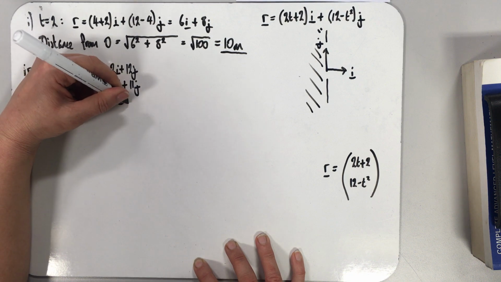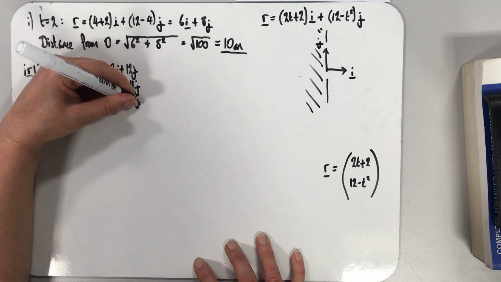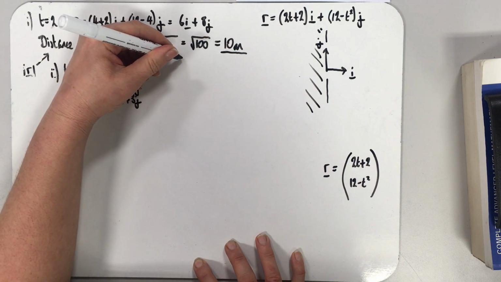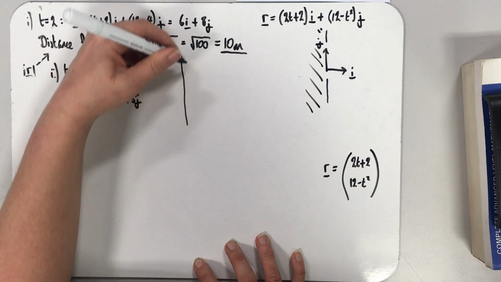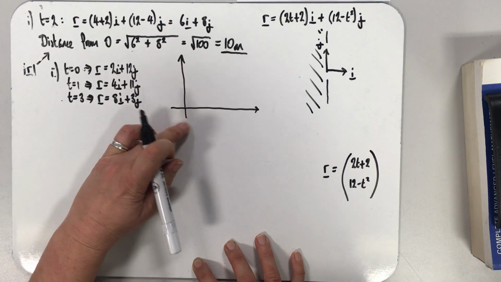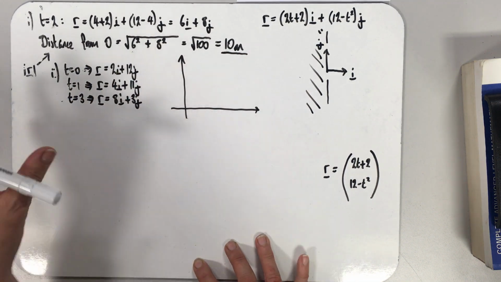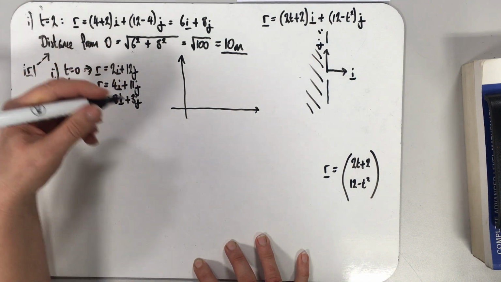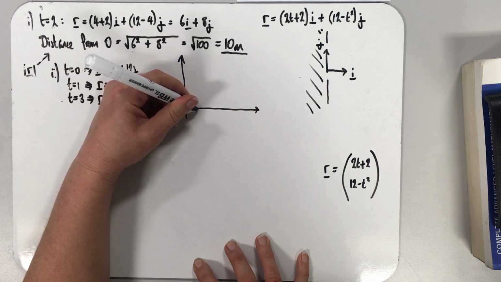So we're actually plotting this with t as a parameter. To sketch the path of the speedboat between t equals 0 and t equals 3, we can just look at where it is for each value of t. So the i components are going 2, 4, 6, 8.